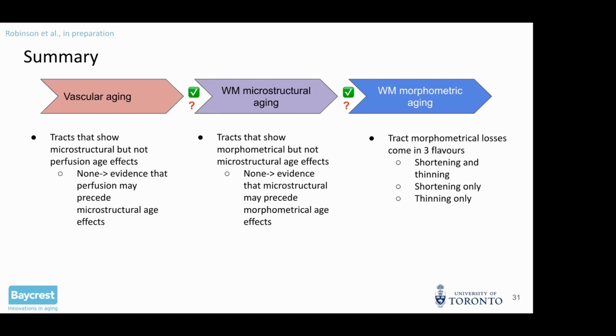Finally, with the preliminary perfusion results, we show that tracts that show microstructure but no perfusion age effects also do not exist. So perfusion is affected in all tracts, even those that do not show or show a very moderate or mild microstructural decline. We take this as potential evidence that perfusion changes may precede microstructural changes.